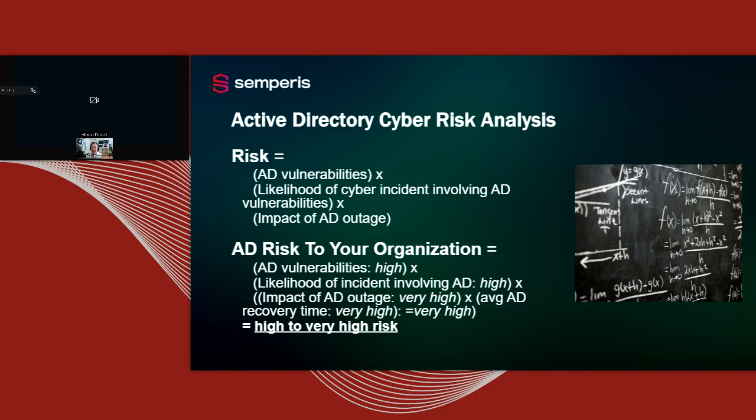The likelihood of an incident involving Active Directory, we've already shown it is high. Just ask Microsoft or Mandiant, 90% plus. Times the impact of an Active Directory outage, very high. We've talked about Active Directory being at the heart of all of this. You can see how high the impact of it would be. And I've added one more factor into it, which I'm going to dive into in more detail here, which is the average recovery time for Active Directory.